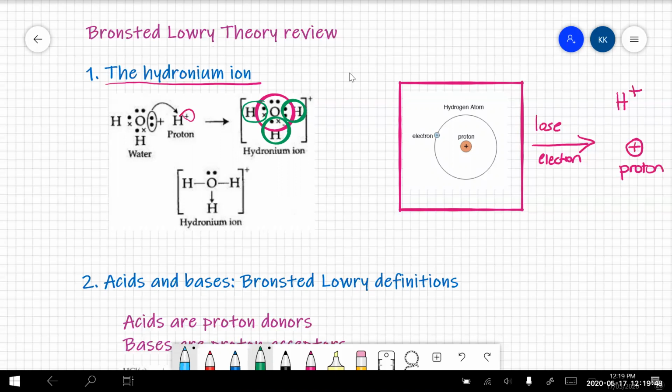The only thing is, if you count up the number of protons and the number of electrons in that molecule, you'll find there is an extra proton. There is one less electron than protons, and we say that molecule is electron deficient.